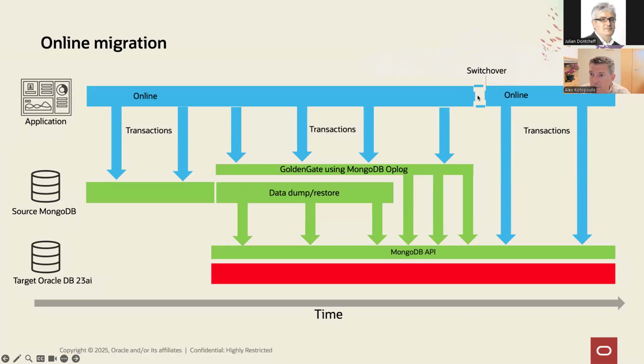So this can be just a matter of a few minutes, and then you're ready to do the switchover. Then you basically take your application and change it to the target database. So you see here, first it was talking to the source Mongo, now it's talking to the target Oracle, and you're done. So this is the ability to minimize your overall downtime.